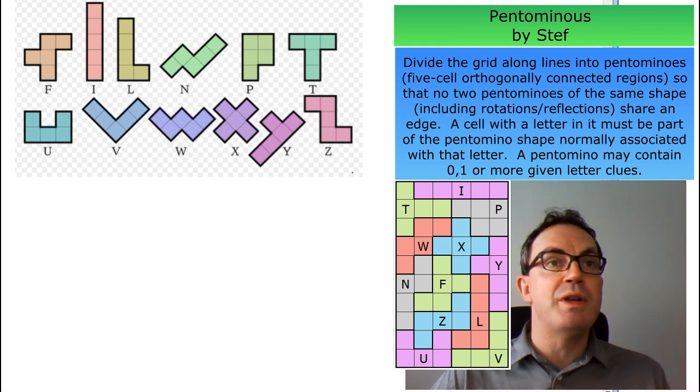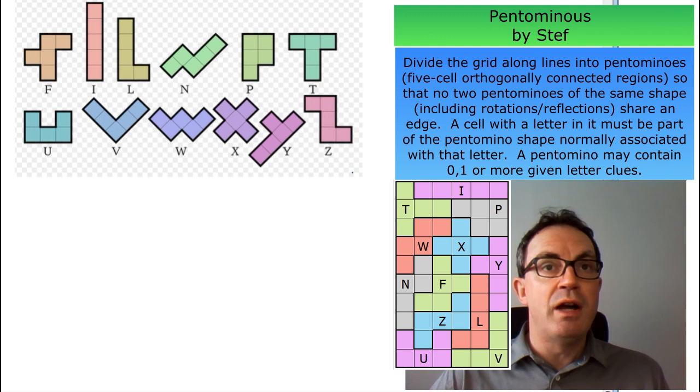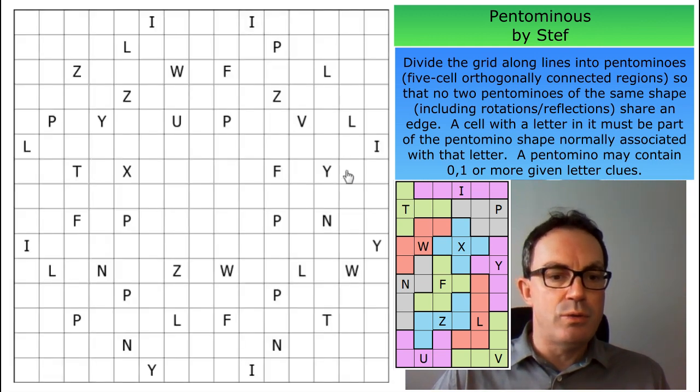And what we have to do is divide the grid along the lines into pentominoes, i.e. 5-cell regions, so that no 2 pentominoes of the same shape, including rotations and reflections, share an edge. A cell with a letter in it must be part of the pentomino shape normally associated with that letter, and a pentomino may contain 0, 1 or more given letter clues.